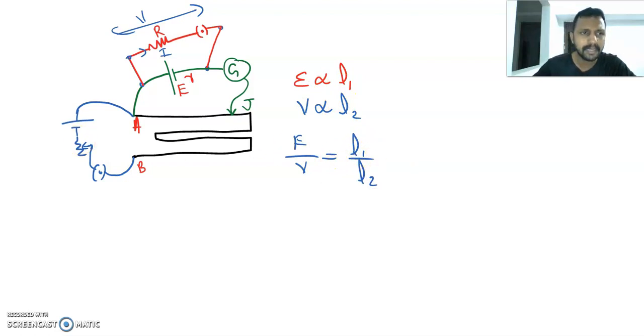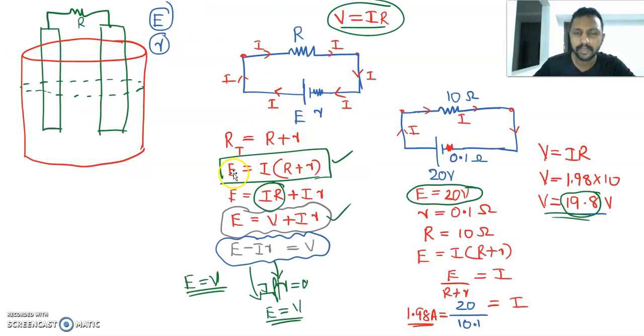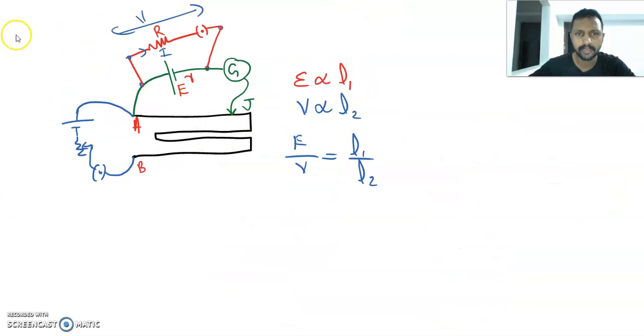Let us recall the expression for EMF. We know EMF is equal to I into R plus r. You have studied that, right? V is equal to IR, also studied. Then let's use that over here.